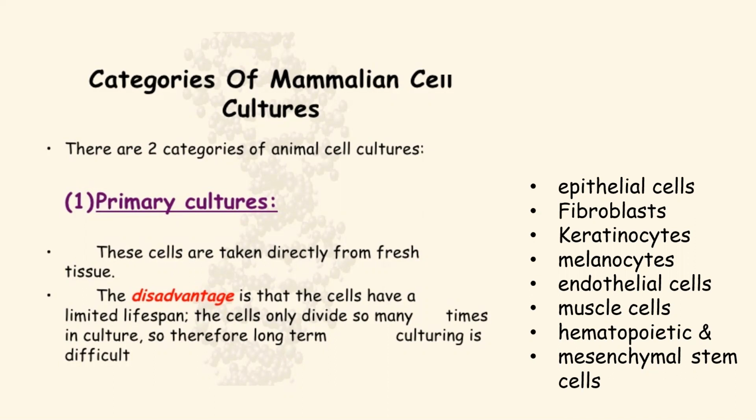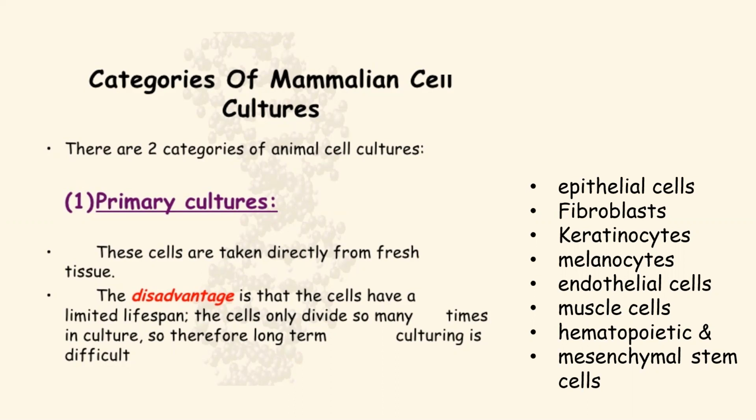Primary cell culture is the dissociation of cells from a parental tissue, and we can also include plant tissue, through enzymatic or mechanical measures. When we talk about plants, we excise them through mechanical means. But in the case of mammalian cell culture, we normally use an enzyme known as trypsin.